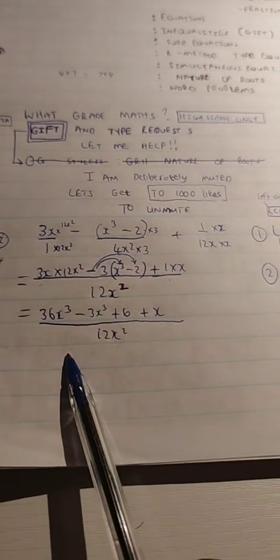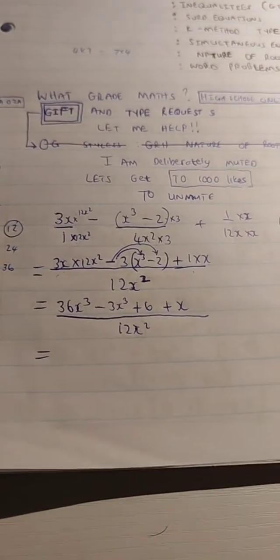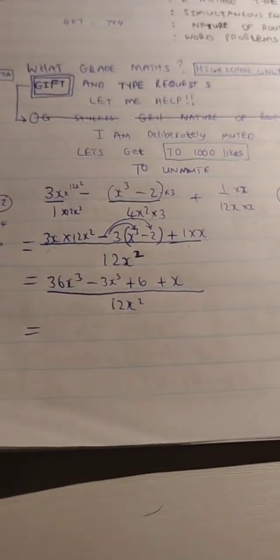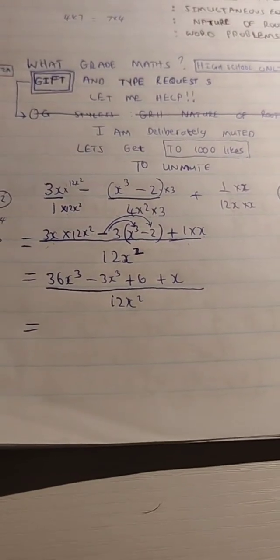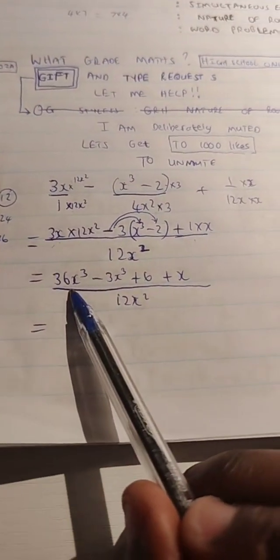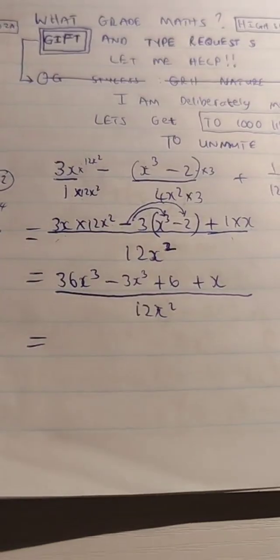All over the lowest common denominator, which thankfully we were able to get, and it is accurate. Finally, you look at your numerator, you add and subtract like terms. You can do that because the denominator is the same for all 3 fractions and it's common. So 36x cubed minus the 3x cubed, those are like terms.